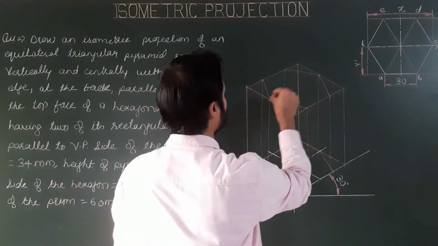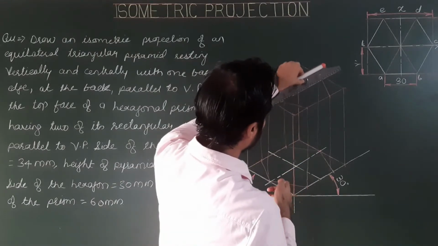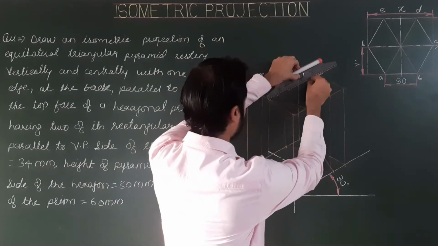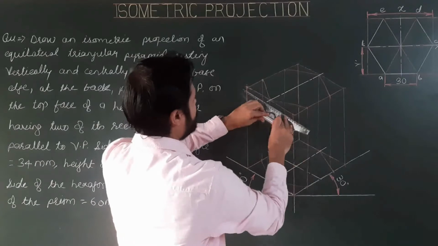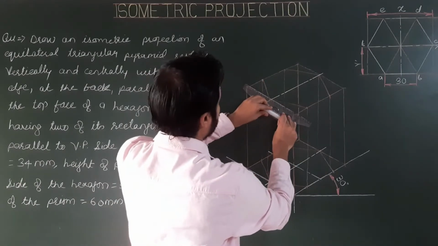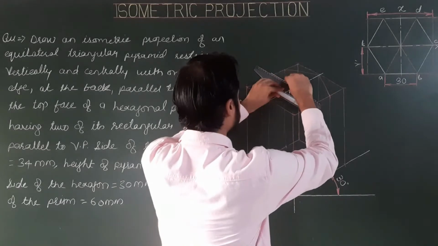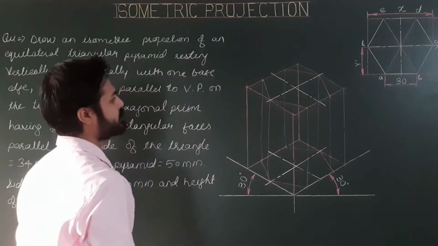Also repeating the process for top base. First center line parallel to first iso axis, and second center line parallel to second iso axis.